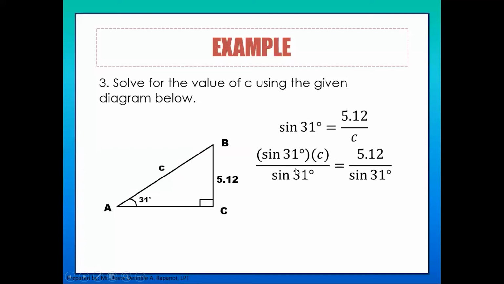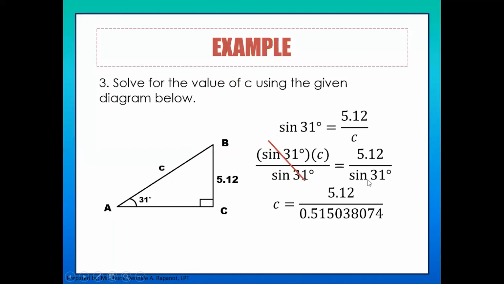So, having said that, we can cancel common terms. We can cancel sine 31 degrees on this side of the equation. What we have here is C is equal to 5.12 divided by sine 31 degrees. Now, let's continue our solution. You have to get it using your scientific calculator by pressing sine 31.